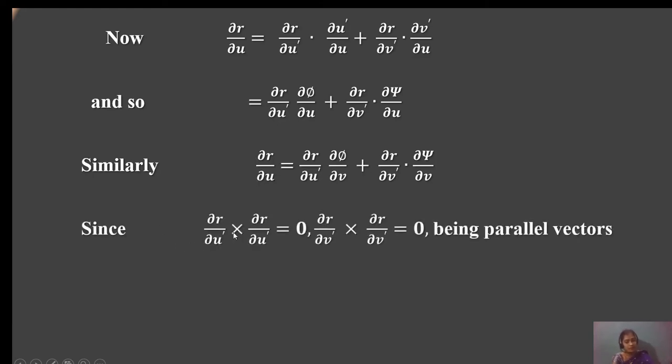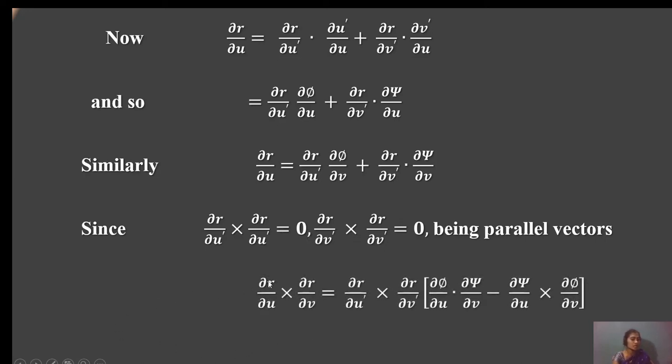Okay, if we multiply del r upon del u dash into del r upon del u dash, it equals 0, as we considered; it is called a parallel vector. Both of these equations will be different.